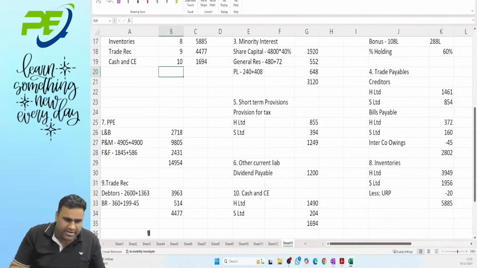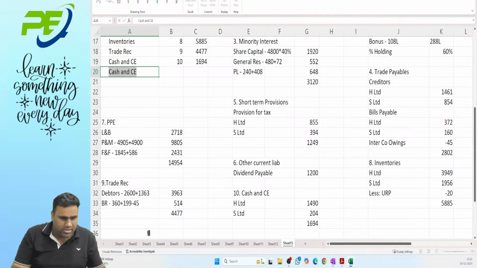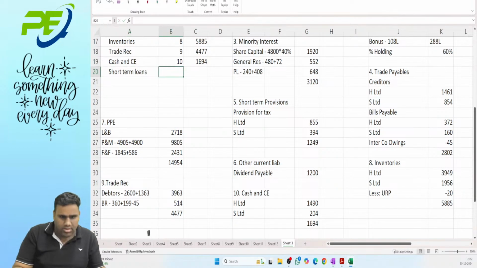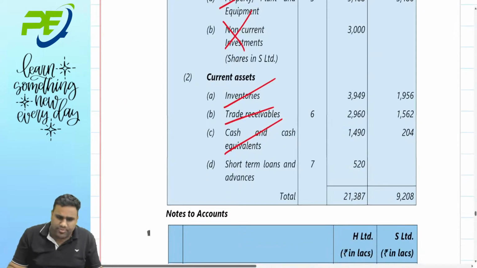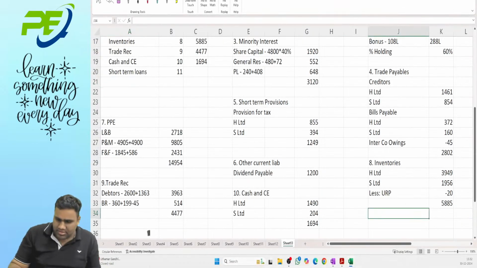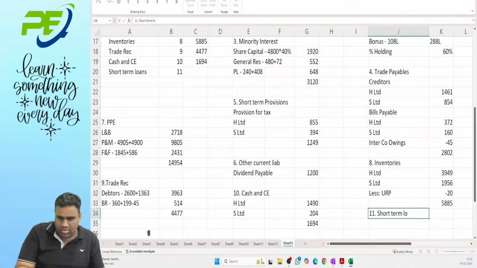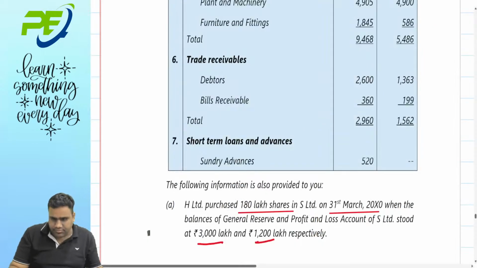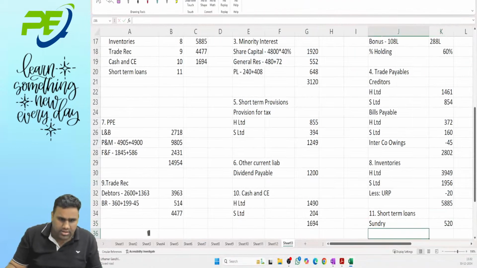Short term loans and advances, note number 11, last note. Sundry advances, 520.